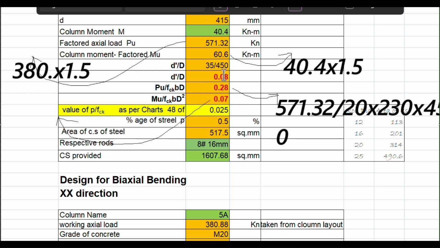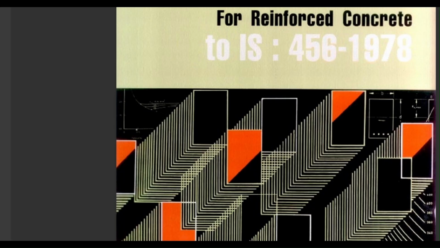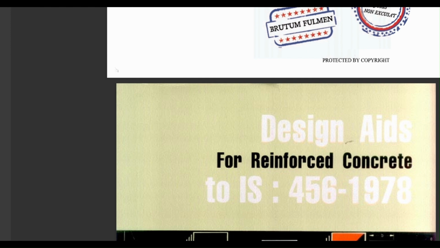The data which has been given in red is to be used for selecting something in a chart. This is the book we are going to use for finding the chart: the Design Aids for Reinforced Concrete to IS 456 1978. This is the book.